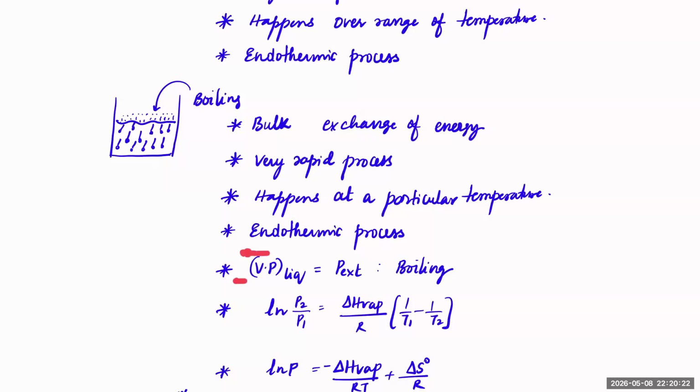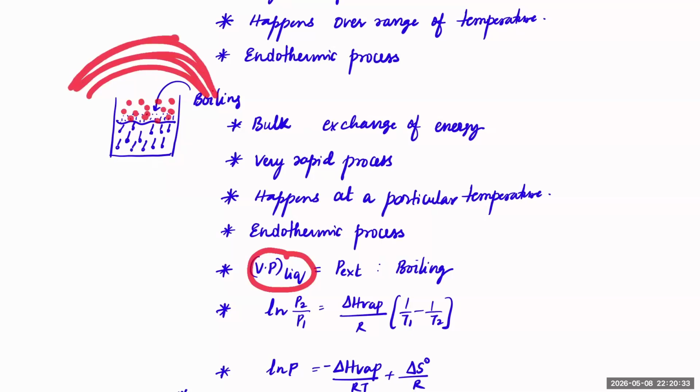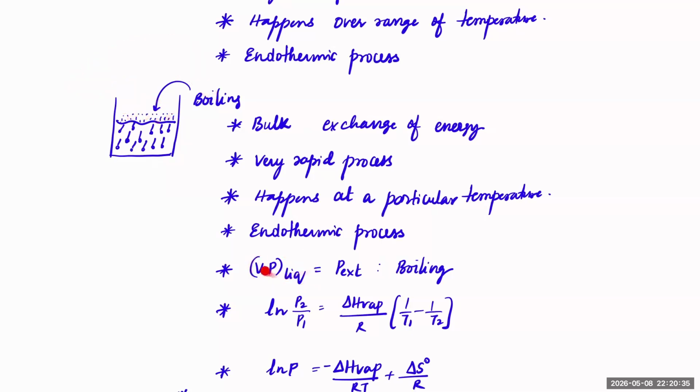It is also endothermic in nature, and the vapor pressure of the liquid, that is how much pressure it is creating, versus the external pressure outside, if those two become equal, then we say the boiling phenomenon has started. Then most of the liquid will convert into bubbles and those bubbles will start coming out. Okay, so that phenomenon is called boiling.